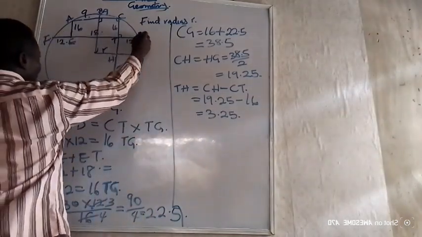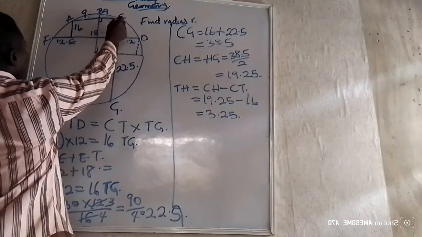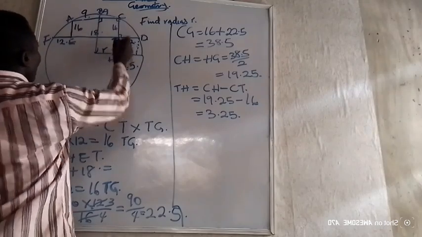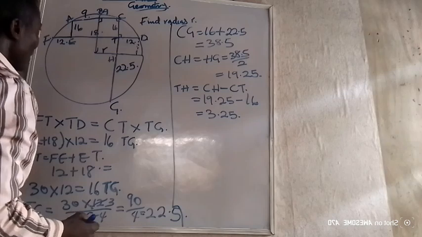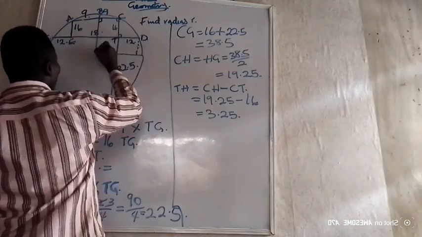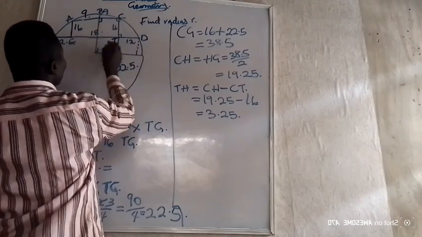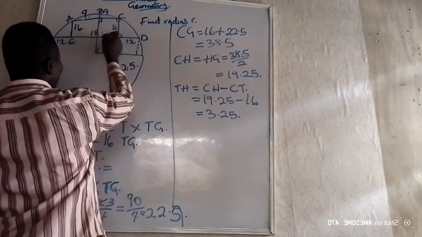You have gotten this distance now, 3.25, easily. Then we have gotten this place, and from here to here we have already known it. Therefore, R can be from here to here. This is 12 and this is 9.